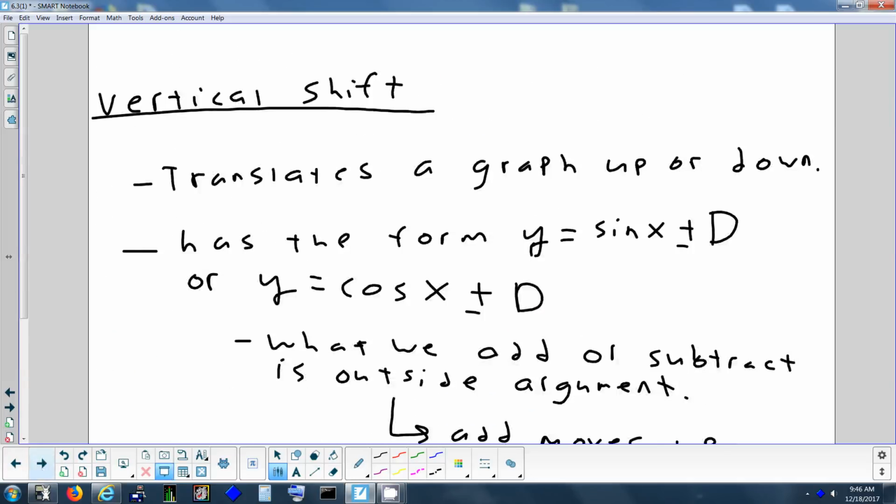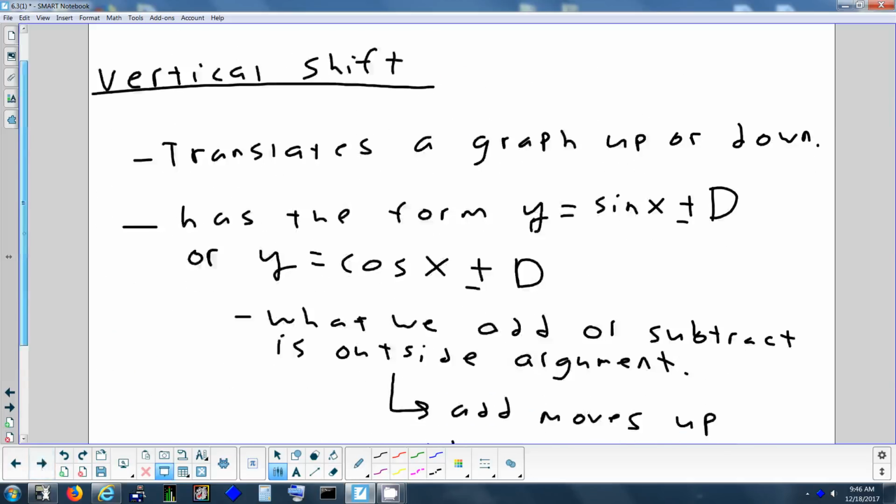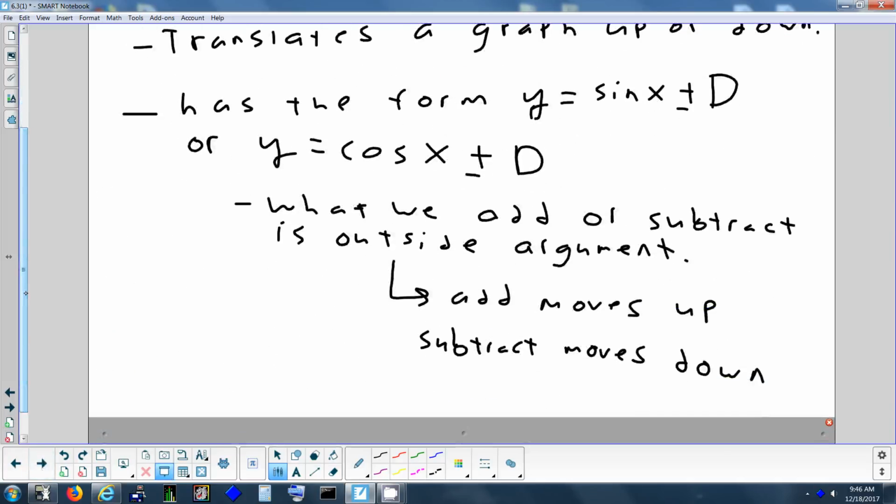Vertical shift is the last one out of the 4. And what's nice about vertical shift, you don't have to worry about the opposite. If you see a plus, is up. Minus is down.